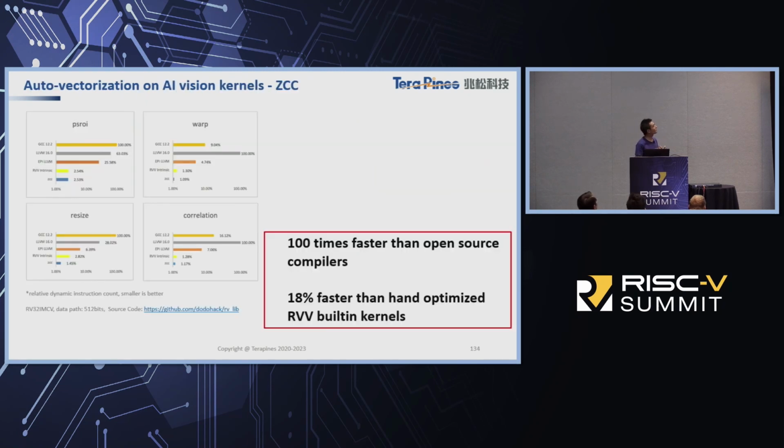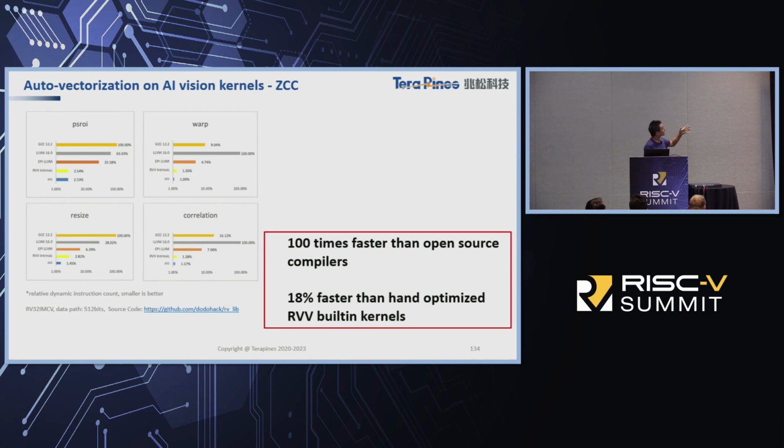The next slide is auto-vectorization for AI kernels. Here is the data for various compilers: GCC 12.2, LLVM-16, EPI LLVM, and handwritten intrinsic kernels.